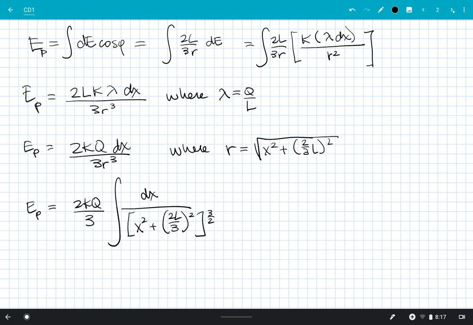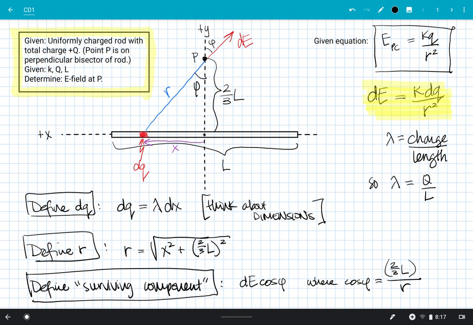So I need bounds on this integral. I'm going to expect that from you. You should know where you're starting to sum and where you're finishing, and this should relate to your coordinate system. If we go back to our diagram and look at our coordinate system, we always go from lower to higher.